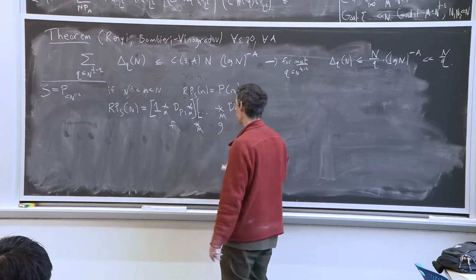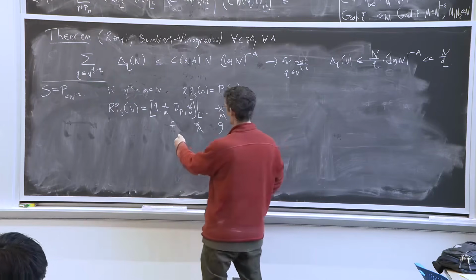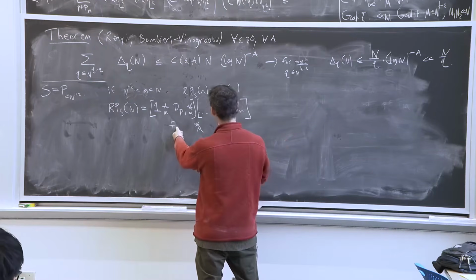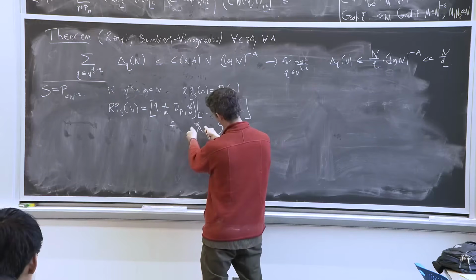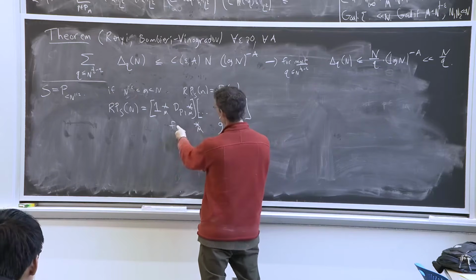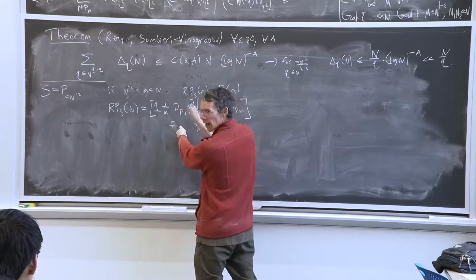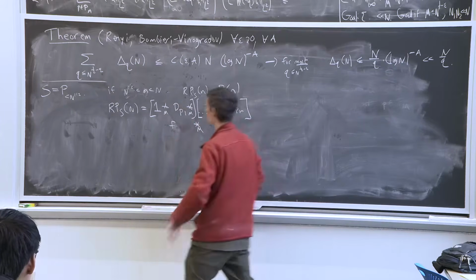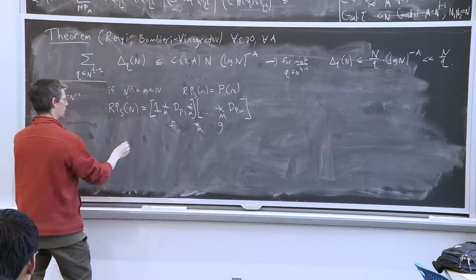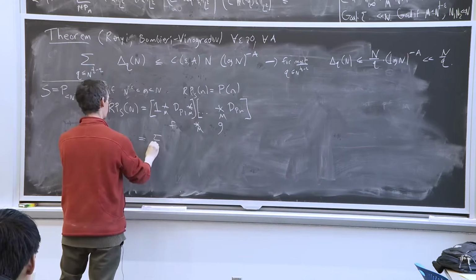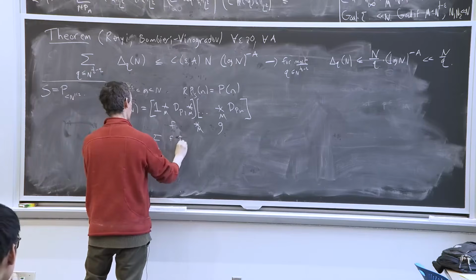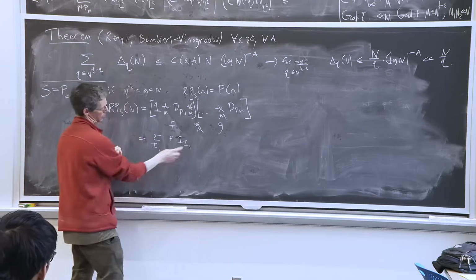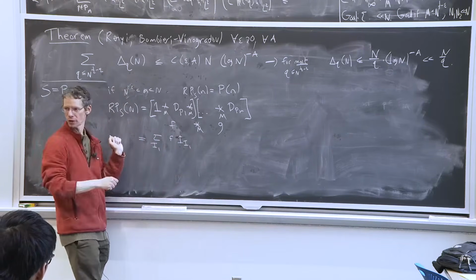So this guy at n1 and this guy at n2, after they come together in the convolution, will only be relevant if n1 times n2 is less than capital N. So what I'll do is I'll write this as a sum over I1 of f times the characteristic function of I1. So I'll just divide up the numbers into some intervals.